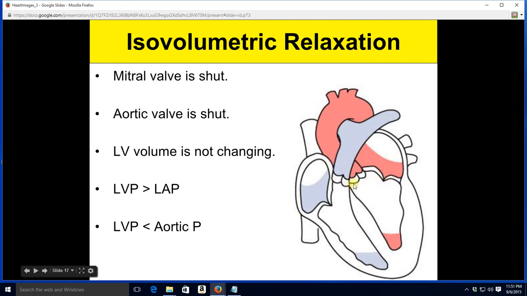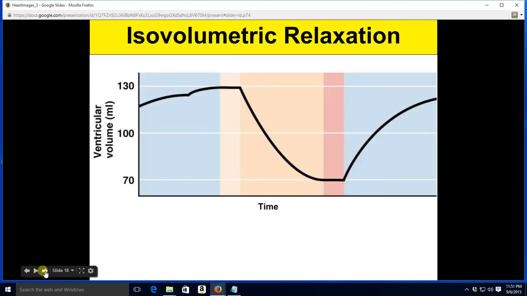Aortic valve, shut. Entrance, exit, shut. Thus the volume isn't changing. This volume right here is the end systolic volume. Ventricle pressure is greater than atrium, but less than aortic, and so we're in isovolumetric relaxation. Here we see it down here, volume graph, not changing at all.